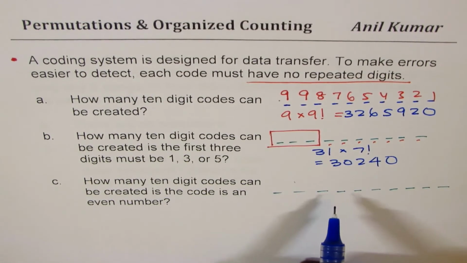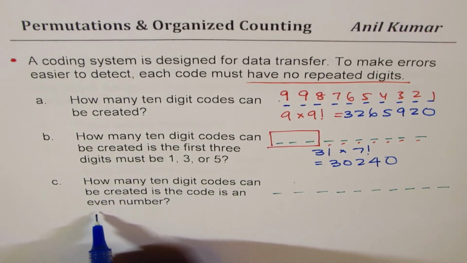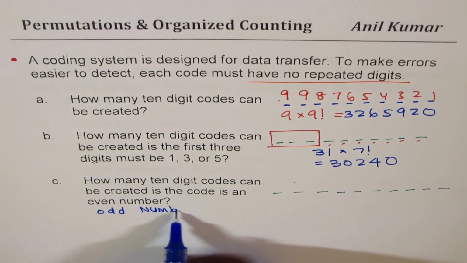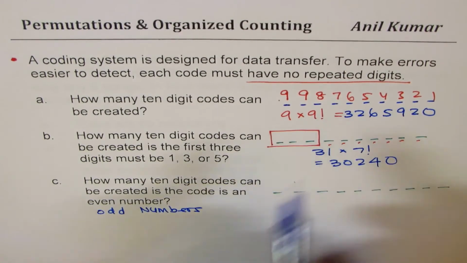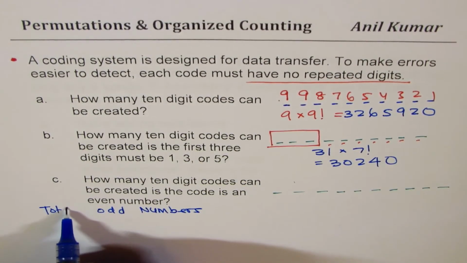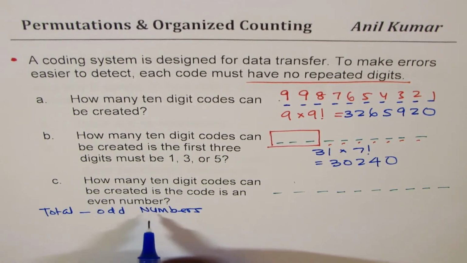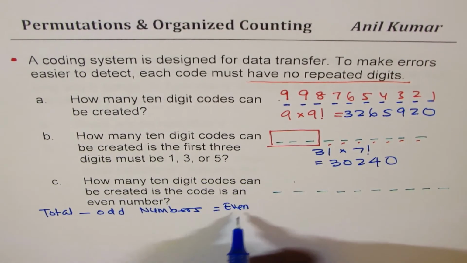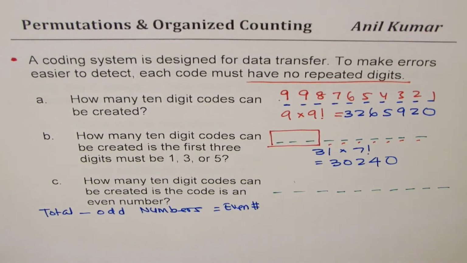So what we will do in this case is, we'll find first for odd numbers, right? And we have the total. So from the total, we'll take away combinations with odd numbers to get even numbers. Does that make sense? So we are going to do it like this, correct?